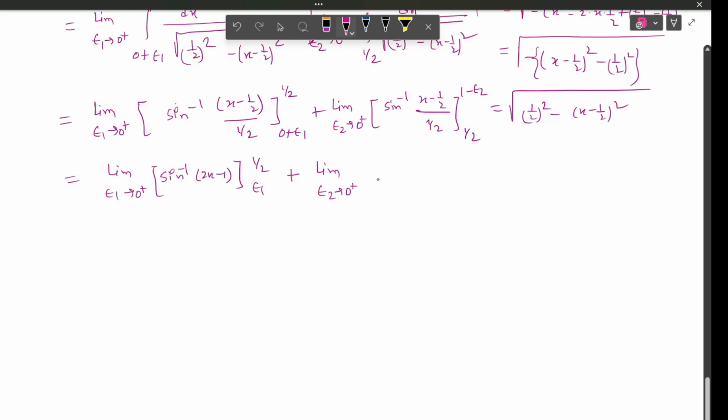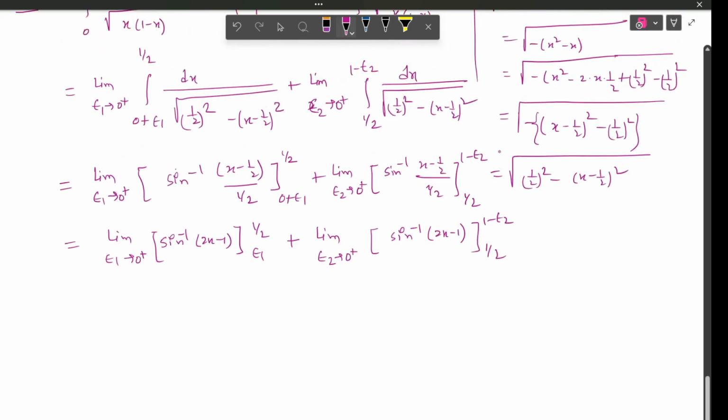Okay, this is also sin inverse 2x minus 1 from the limit half to 1 minus epsilon 2.